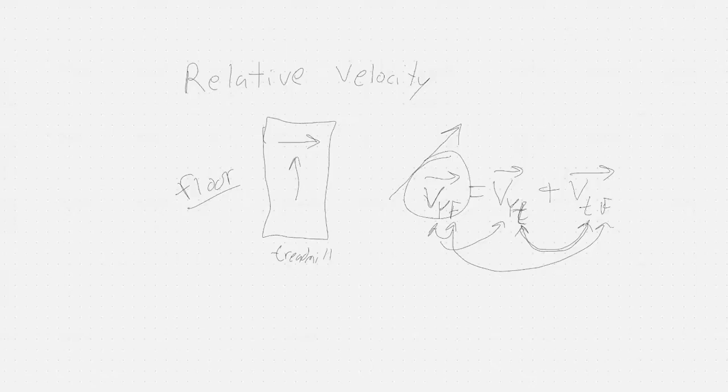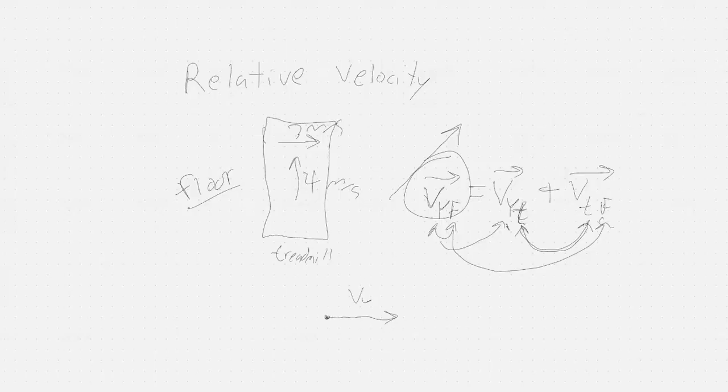So let's give these things some numbers. Let's say this was 4 meters per second, and this was 3 meters per second. Well, how do we do this? Velocity of u versus the treadmill, that's 3 meters per second to the right. And we want to add to that the velocity of the treadmill relative to the floor.